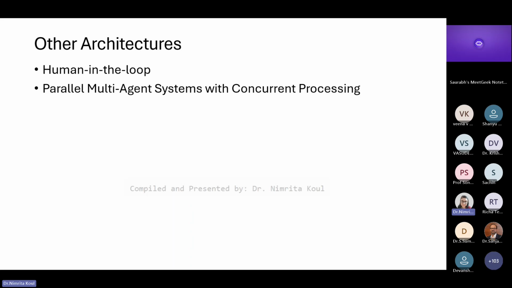There are other architectures, for example, human in the loop, where the agent's loop consists of a fixed point where a human is required to give an input. And there are multi-system agents, multi-agent architectures, where there is a lot of concurrent processing. All of them are working parallelly, collaborating with each other, which we will see in later sessions.